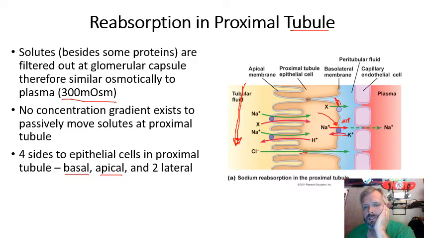So this is how we're getting this reabsorption. We get this 85% of the salt and the water reabsorbed here at the proximal tubule. You see what's the driving force for this is we have the sodium potassium pump working on this basal side, and that allows us to bring sodium from the lumen back into the bloodstream.